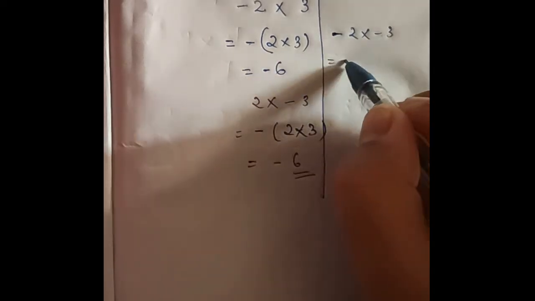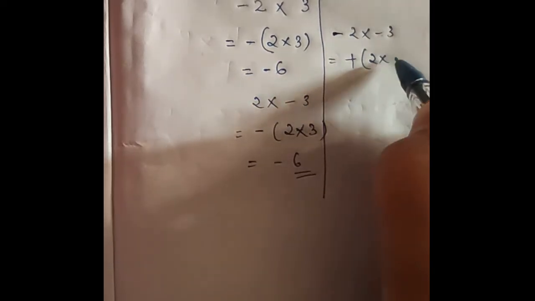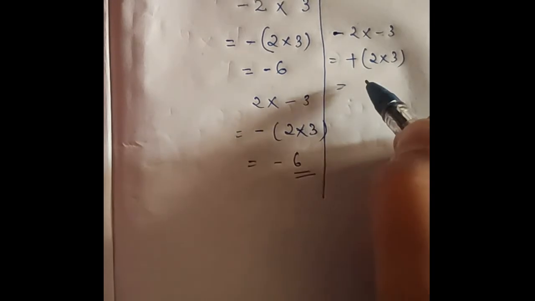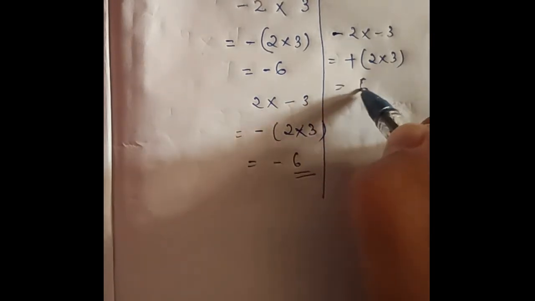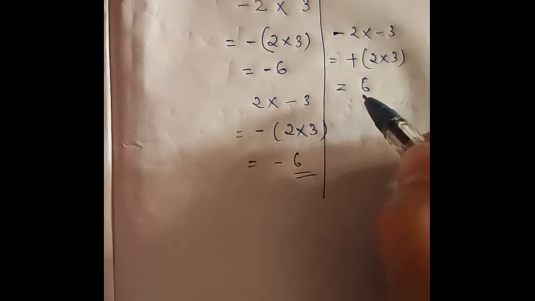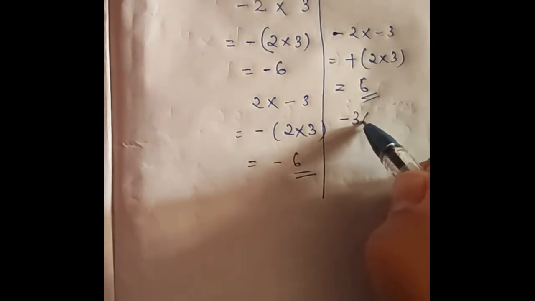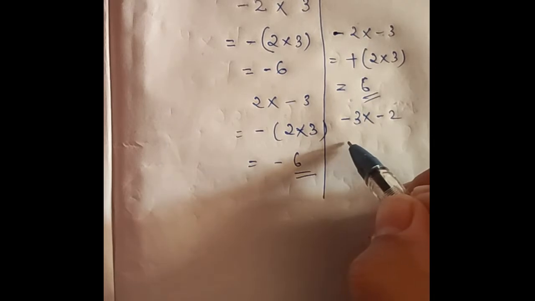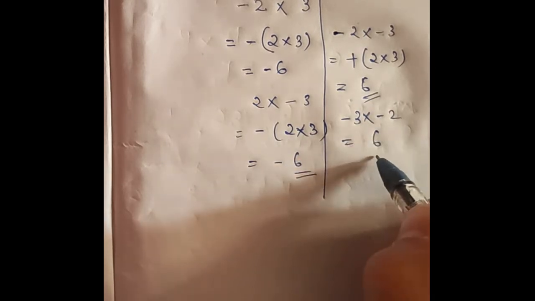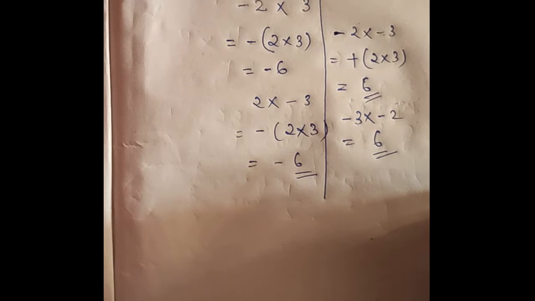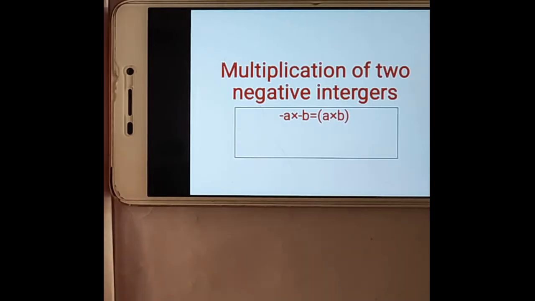Minus minus is plus, so 2 into 3. No need to write this plus. When you are not writing anything, that indicates you have a plus sign. Similarly, minus 3 into minus 2 is equal to 6. So this is multiplication of two negative integers. I hope this is understandable.